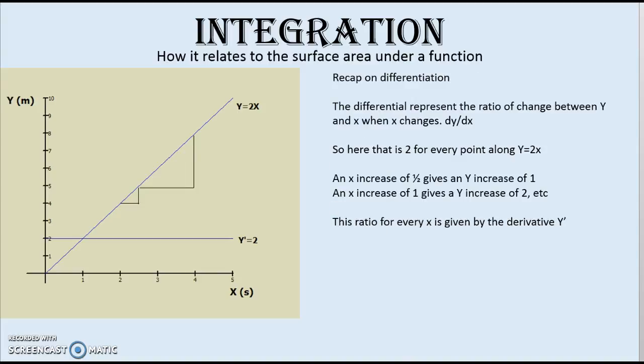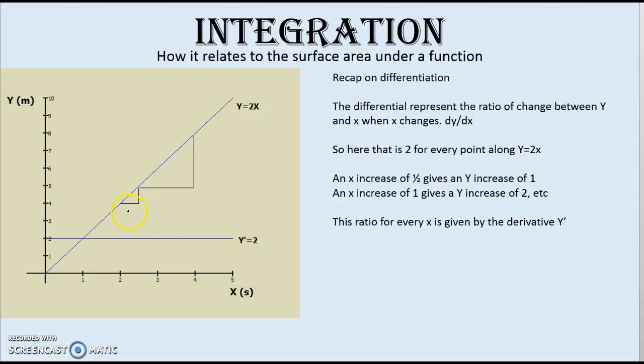And I'll do a short recap on differentiation, what it means, all you need to know. A function increases with value, and that increase can be characterized by a differential. So the differential gives the ratio of change of y with respect to the change in x.